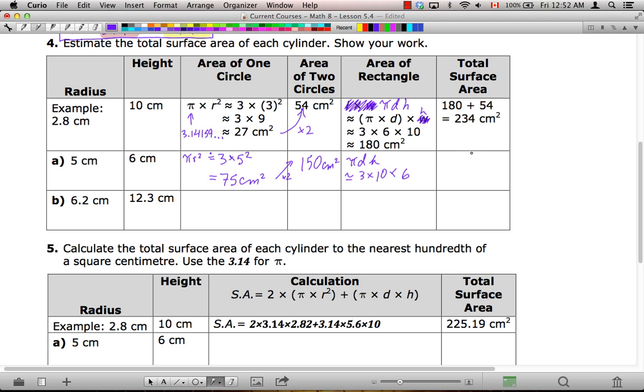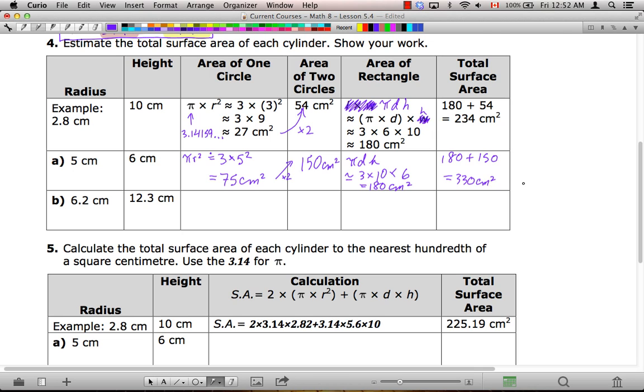So that would be 180 square centimeters. So add the area of the rectangle, which we just found to be 180, with the area of the two circles, which are 150 combined, and this gives you 330 square centimeters for the total surface area of the cylinder.